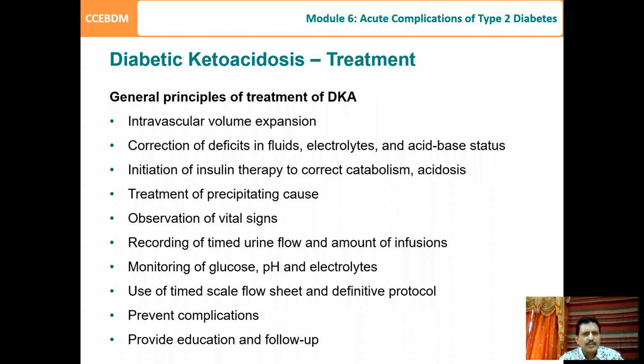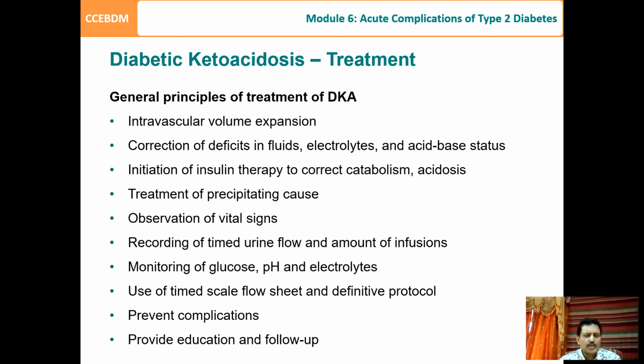You just give fluid, increase the intravascular volume, and if the renal function is normal, then it can make things quite comfortable for you. So I don't believe in heroic management of diabetic ketoacidosis. I believe that the patient should be managed slowly and steadily.